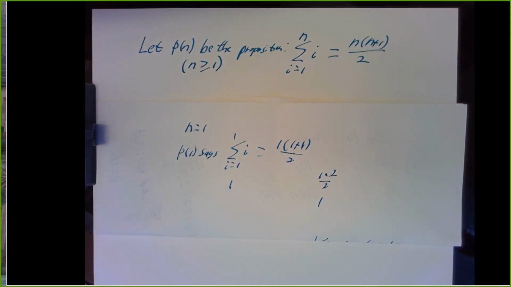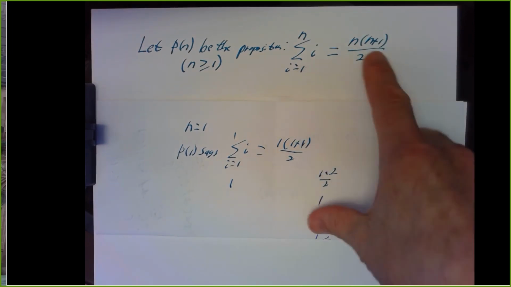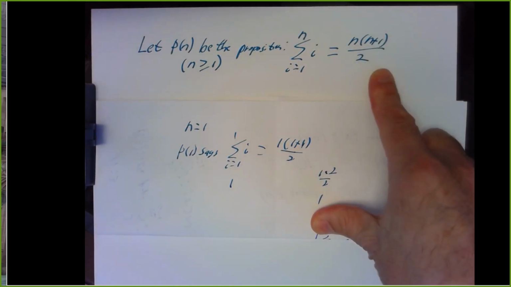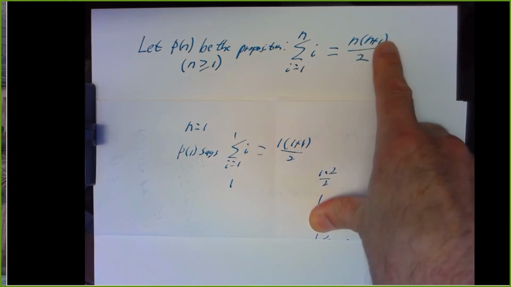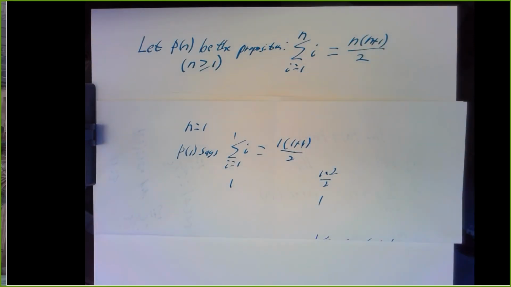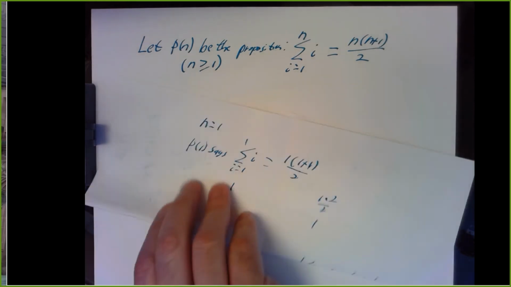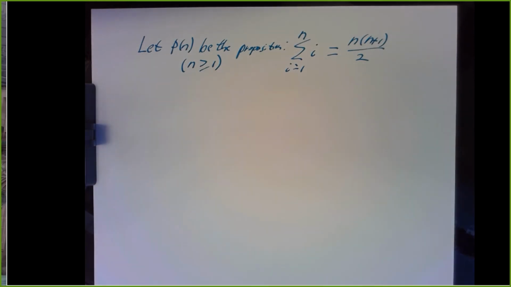So P of 1 looks like it's true. P of 3 looks like it's true. P of 2 says 1 plus 2 is equal to 2 times 3 over 2. Well, 1 plus 2 is 3, and 2 times 3 is 6, over 2 is 3. So P of 2 looks like it's true also. So it looks like, at least from the first 3 values of n, P of n is plausible.